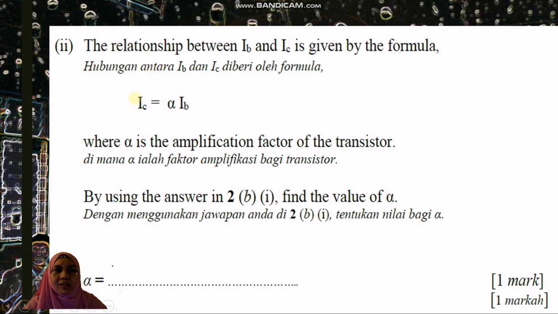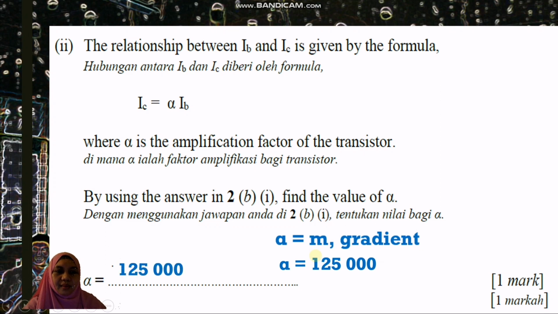If you refer to this formula, IC equal to alpha IB, when you rearrange, alpha will be equal to IC divided by IB. So what IC divided by IB refers to? Yes, it is the gradient, which means alpha is equal to m. So alpha is 125 thousandths.